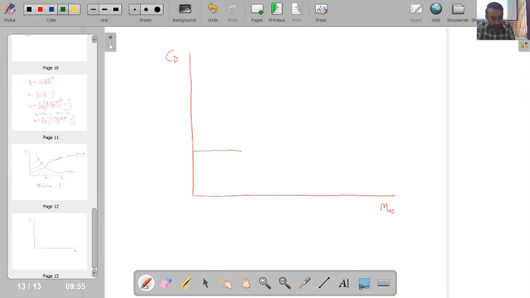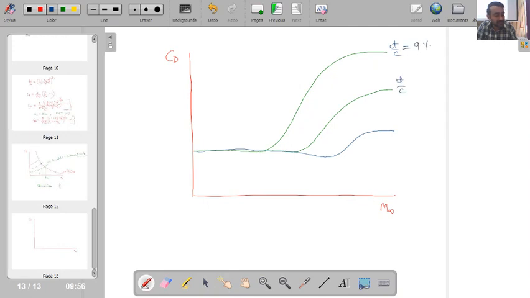If this is the curve for some higher thickness aerofoil, then this curve goes something like this for a slightly lower thickness aerofoil, and it bends even more down for an even lower thickness aerofoil. Say here T by C is equal to 9%, here T by C is 6%, and here T by C is say 4%.